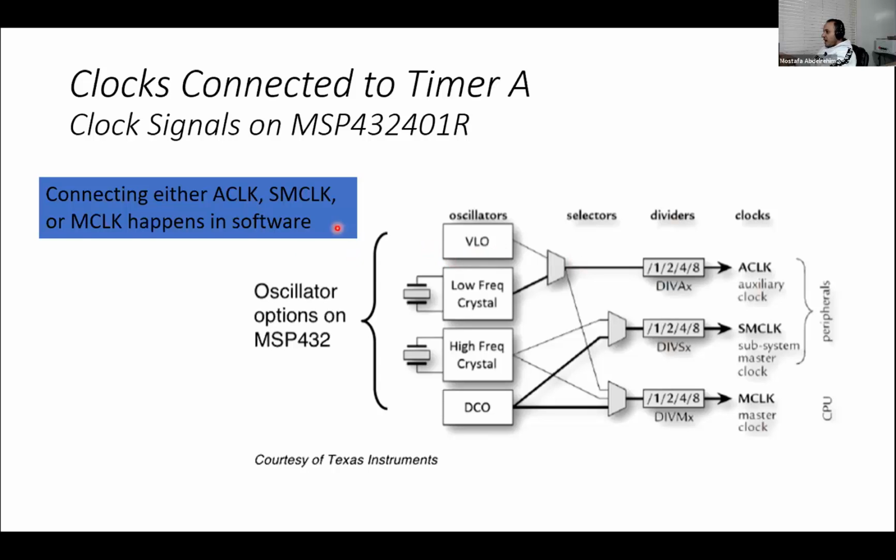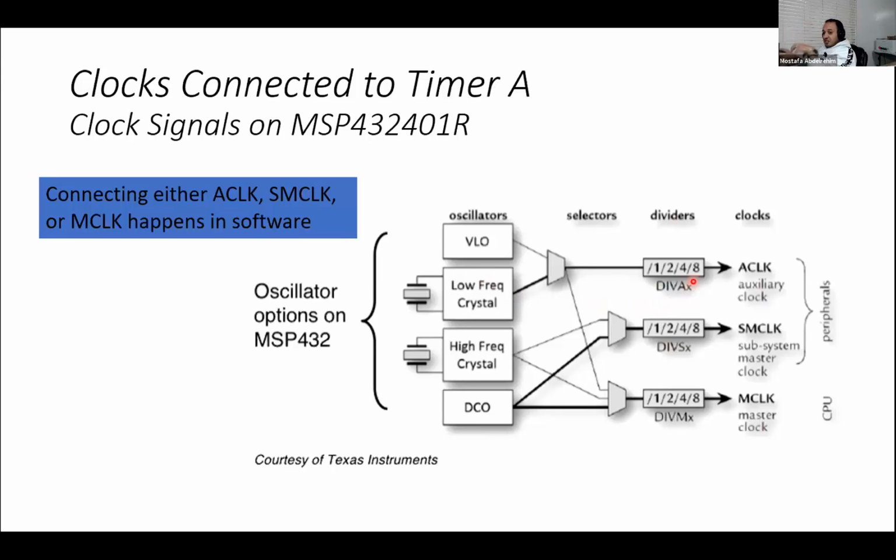Okay, so we have three different clocks. One is called the auxiliary clock, and this is usually very small, in kilohertz. That's why it's connected here to the low frequency oscillator, which can generate a maximum of 32 kilohertz.